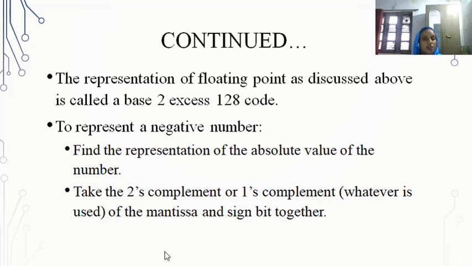Then from that we can find its 2's complement. But when you find the 2's complement, you have to include the sign bit also. Including the sign bit, we find its 2's complement or 1's complement depending on the type of processor we use. Okay, in this way we can represent a negative mantissa in this floating point representation.